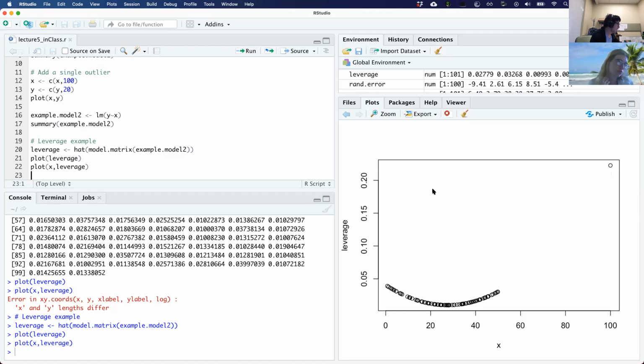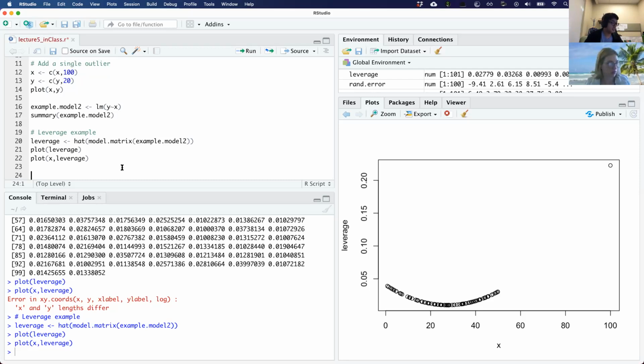With leverage, typically you are doing some kind of comparison of the leverage points, and it is context dependent. You're always looking at the relative leverage of your one particular data point compared to other data points. And that in itself can start to get a little bit tricky, especially if things are close.